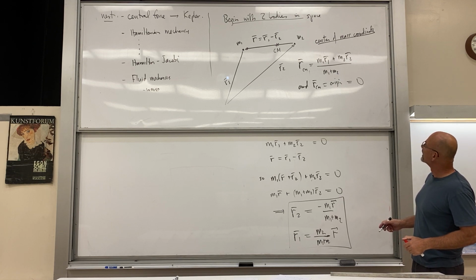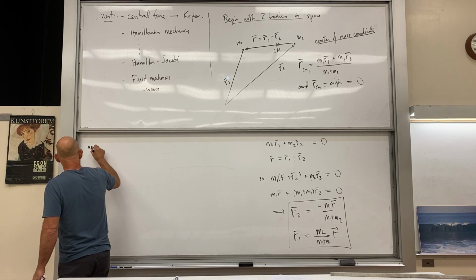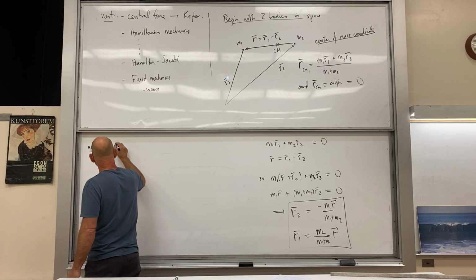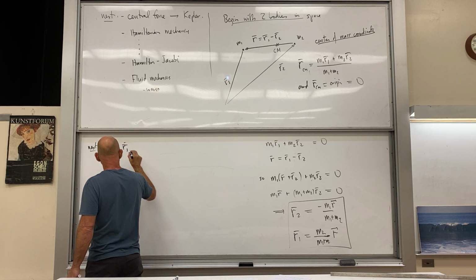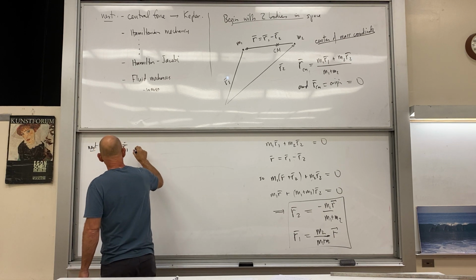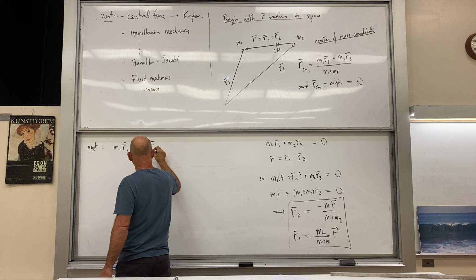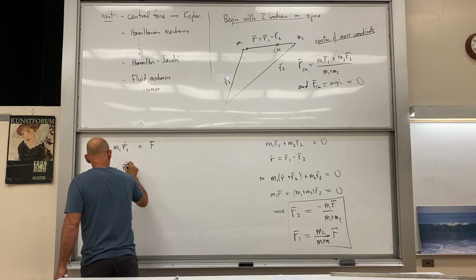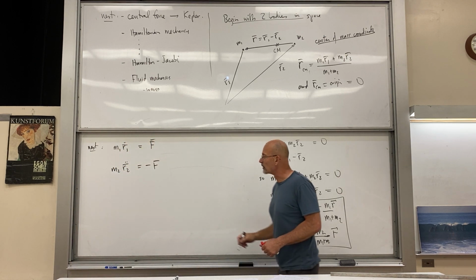Okay, so good. We have the coordinate transformation. The next thing, we have this central force, so we're looking at m1 r1 second derivative equals a force, and m2 r2 second derivative equals minus that self-same central force. Okay.